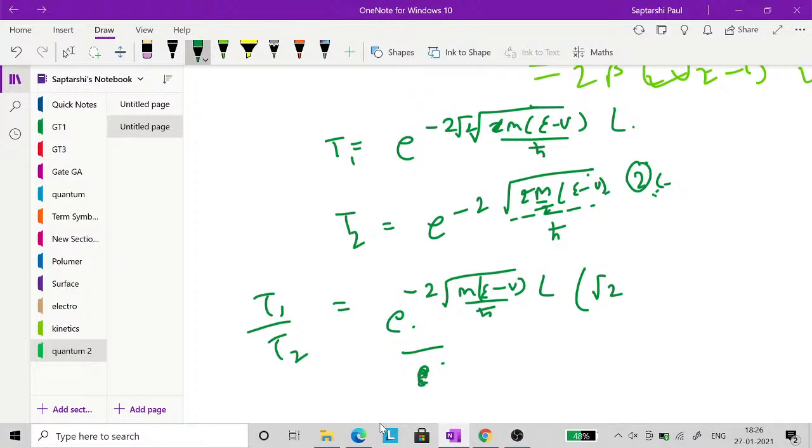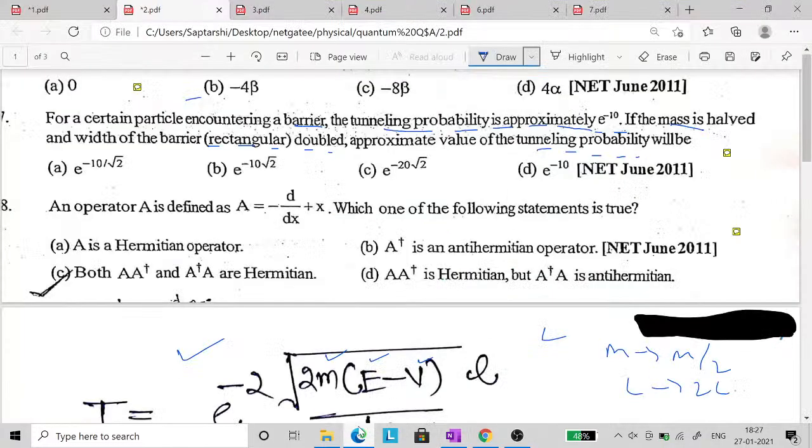So this will be root 2 plus 2. And this is given as e to the power minus 10. This value is actually 1.44 plus 2, that is 3.44, into this, so into 10, this will be e to the power minus 34.4. Let us see if this is the answer given or not.